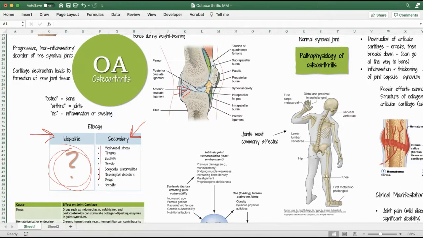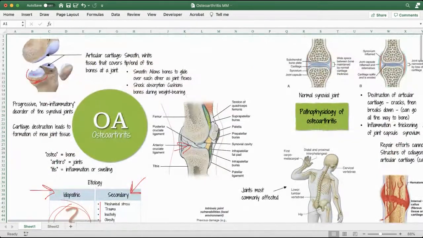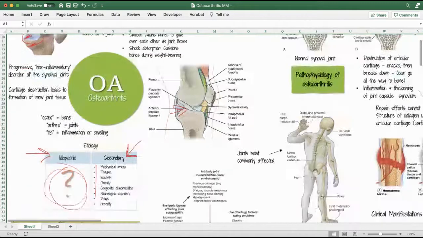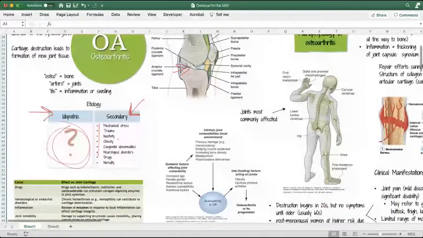Really, it's anything that is going to put pressure and wear and tear on this cartilage and on the joints. So things like mechanical stress from, say, a sport, trauma, inactivity, so the opposite, obesity, because of the amount of weight putting pressure on, which is especially true for your knee joints.